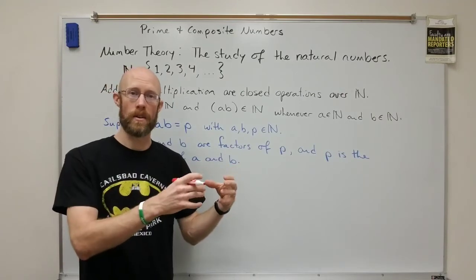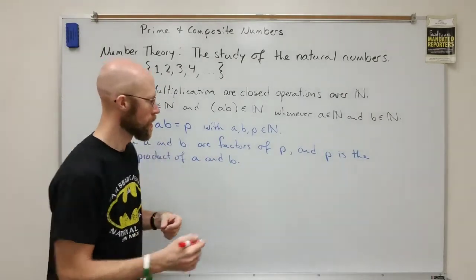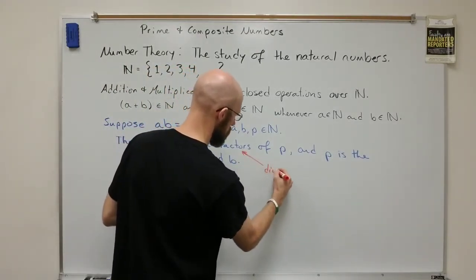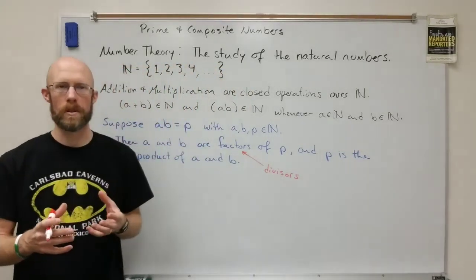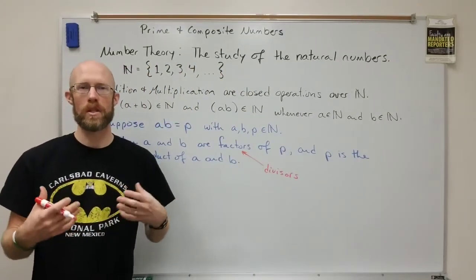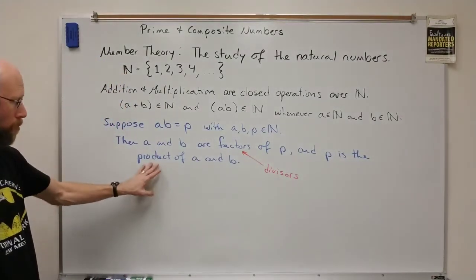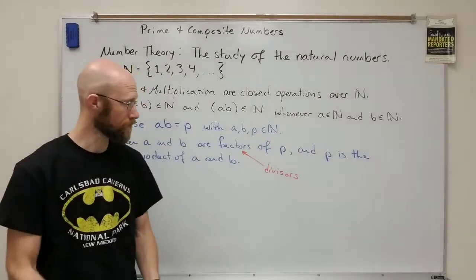Then that's a factor. Are we looking at tearing them apart? Then we're looking at divisors. So we could think of factors and divisors interchangeably because they really mean the same thing, they're just used in different contexts. But the product is just your final answer after the multiplication.